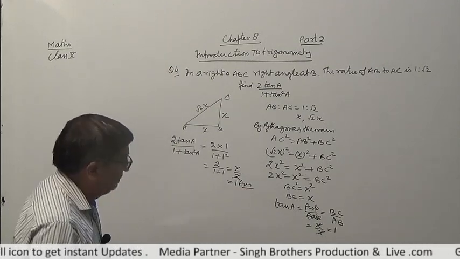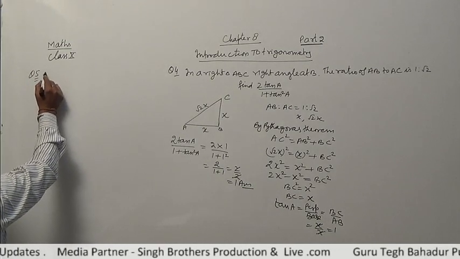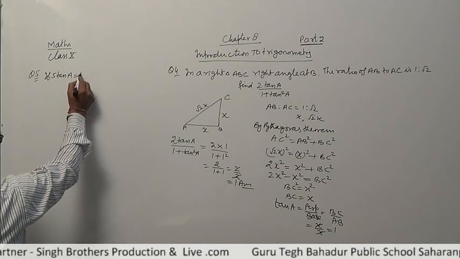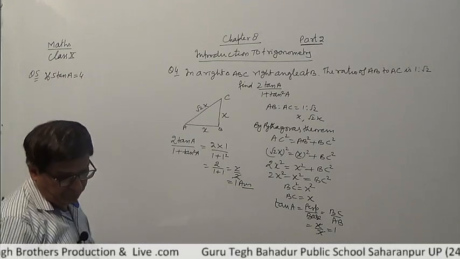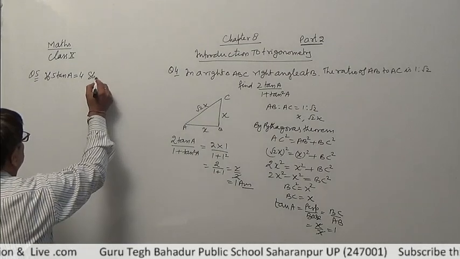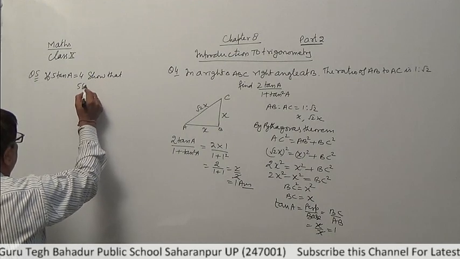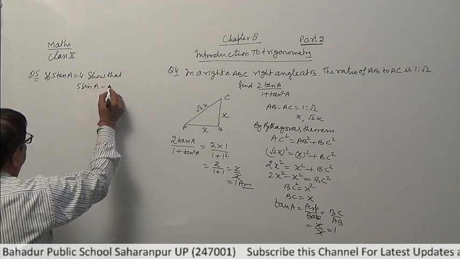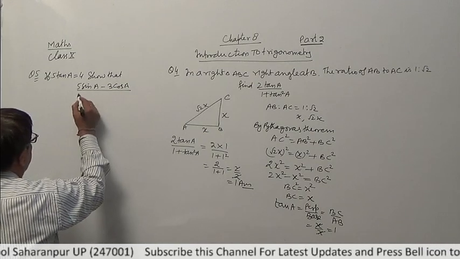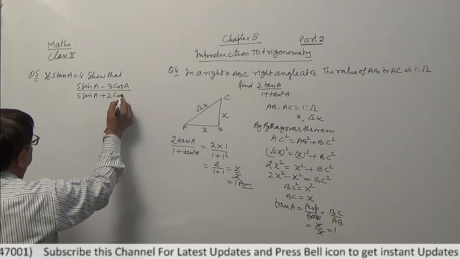Now see the next question, number 5. If 5 tan A is equal to 4, find or show that 5 sin A minus 3 cos A upon 5 sin A plus 2 cos A is 1 upon 6.